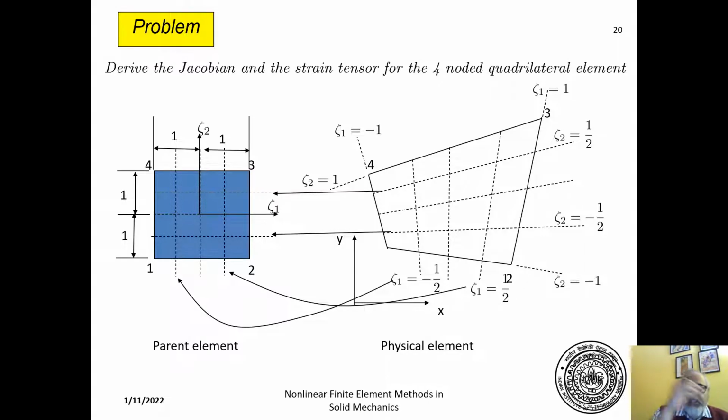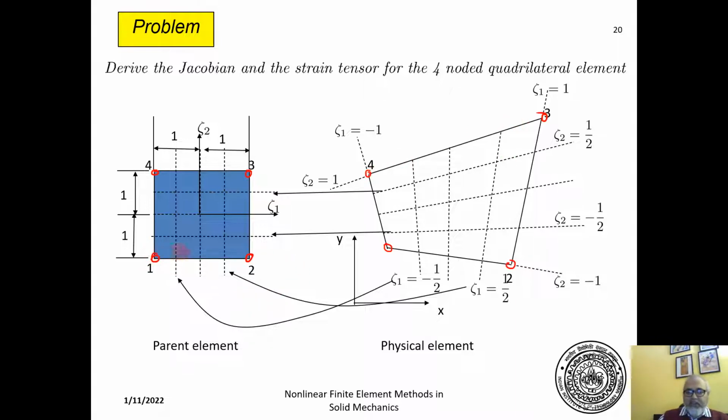So here is the problem. This is a four-noded quadrilateral. These are the node numbers. So this is your parent, node number 1, 2, 3, and 4. These are mapped to these nodes 1, 2, 3, and 4 in your physical element.